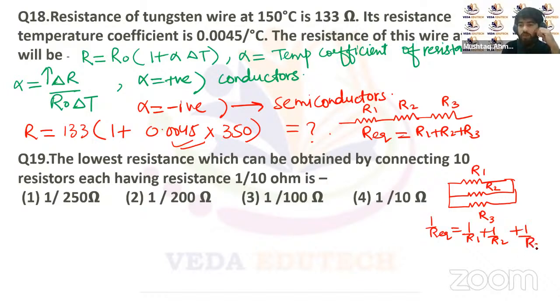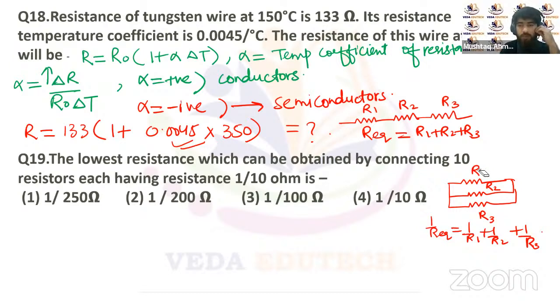In parallel, the equivalent resistance is always less than the smallest resistor. So in a series combination the total resistance of the circuit increases, but in a parallel combination the total resistance decreases.